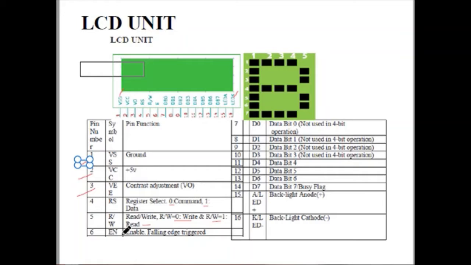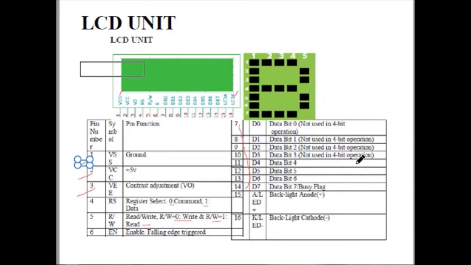The sixth pin is enable, which is falling edge triggered. This is a very important pin, and it should be enabled in order to control and display the characters on the LCD. Then we have the data bit pins from pin number 7 to 14. As we are using a 4-bit configuration, there is no question of using the D0, D1, D2 and D3 pins.